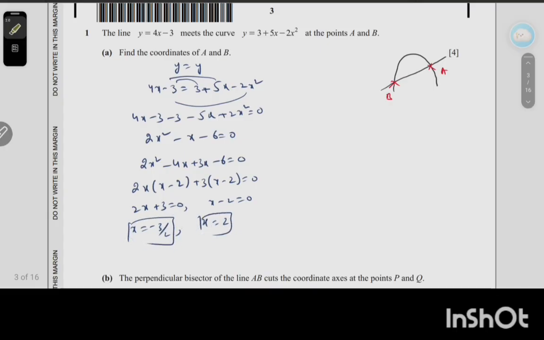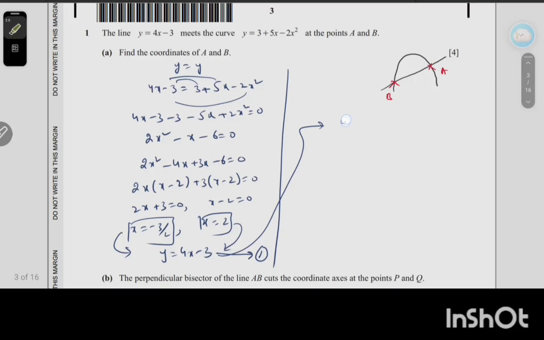Okay, now dear student, we have to first of all put x in the equation. First equation, the equation is 4x minus 3. Now we have to put x equal to minus 3 by 2 and x equal to 2 in this equation, which we name equation 1.